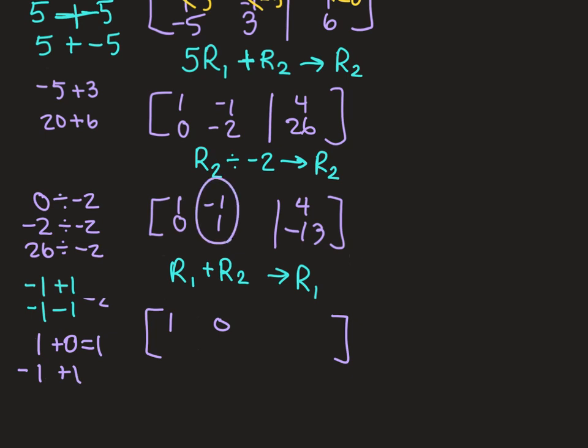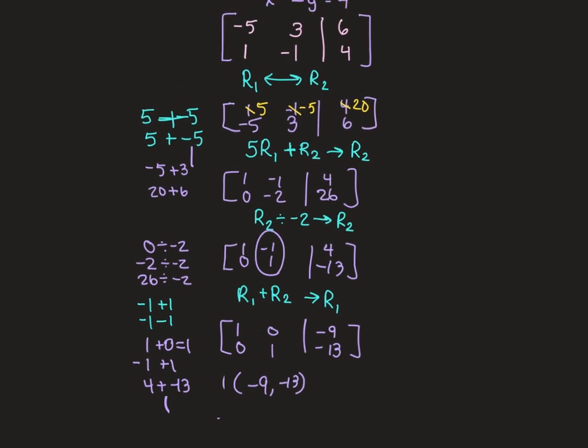Negative 1 plus 0 is 0. 4 plus negative 13 is negative 9. Row 2 didn't change because my directions are telling me I'm making a new row 1, but I'm not changing row 2. So I still have 0, 1, and negative 13. And looky, looky, I have what I wanted. So my ordered pair is negative 9, negative 13.